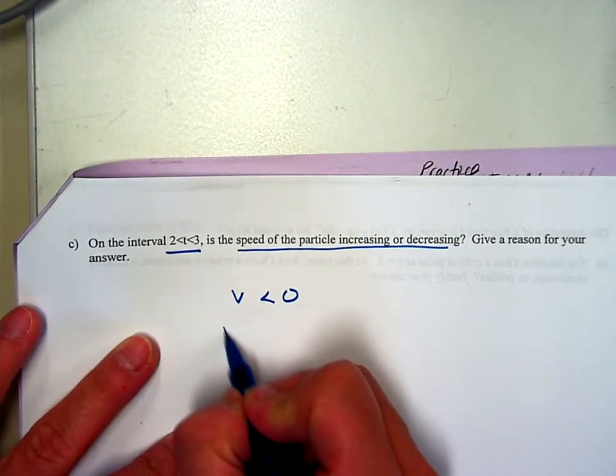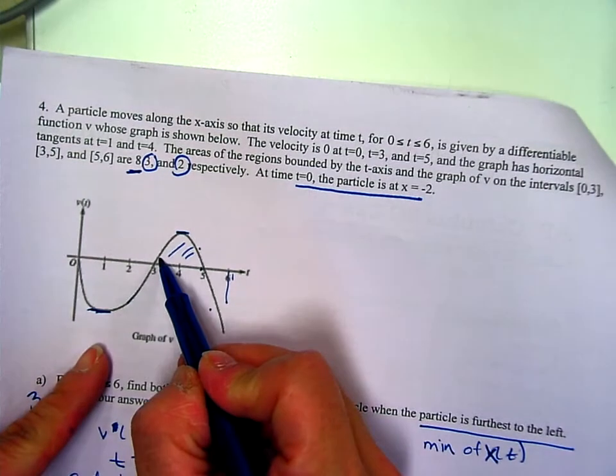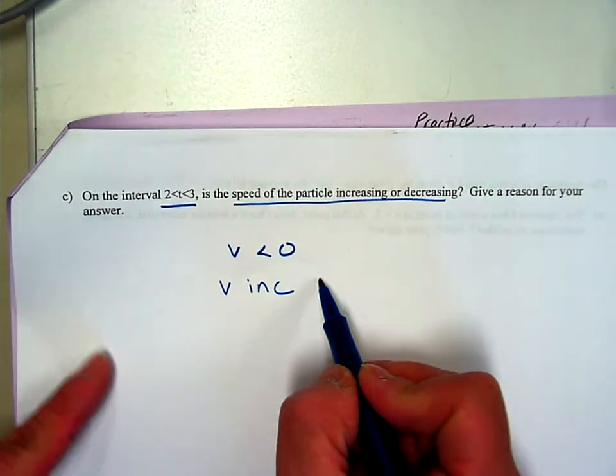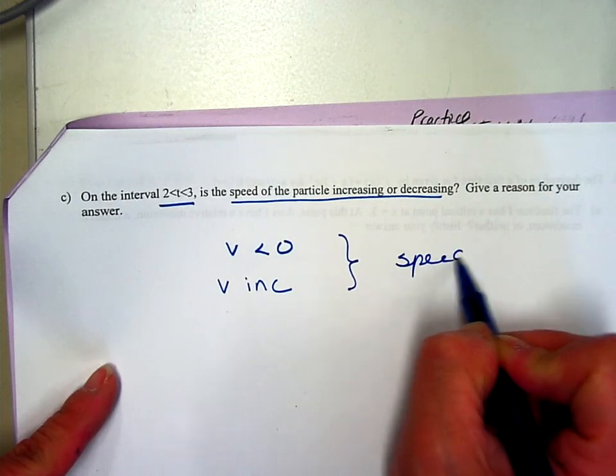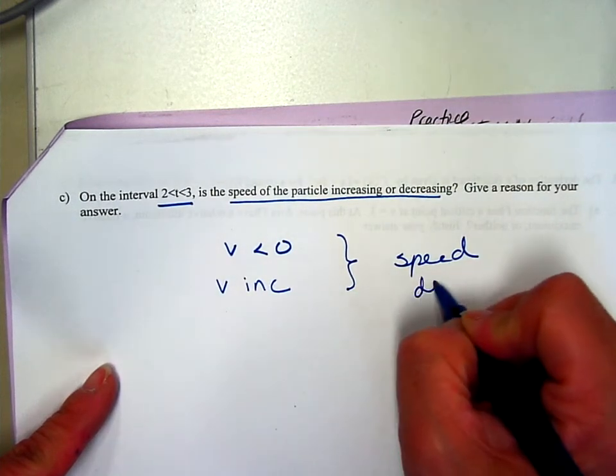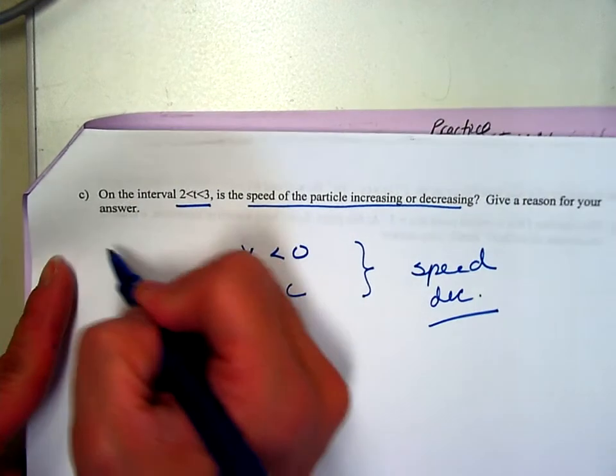So I know that the velocity is increasing from 2 to 3. Which really means that the second derivative is concave up. So if the signs are the same, we're going to say speed is increasing, and if the signs are opposite, speed is decreasing. This is just a 1-point question.